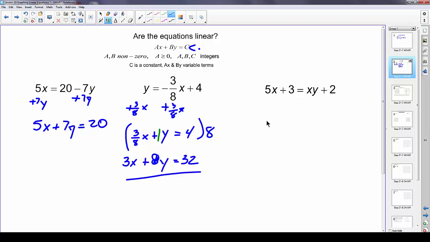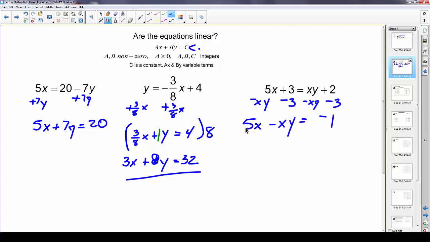In this next one, I get all the x's and the y's to one side, so I have a subtraction of 3 and a subtraction of xy. The 3 and the 2 are like terms, so this goes to -1. These are not like terms, so I have 5x minus xy.